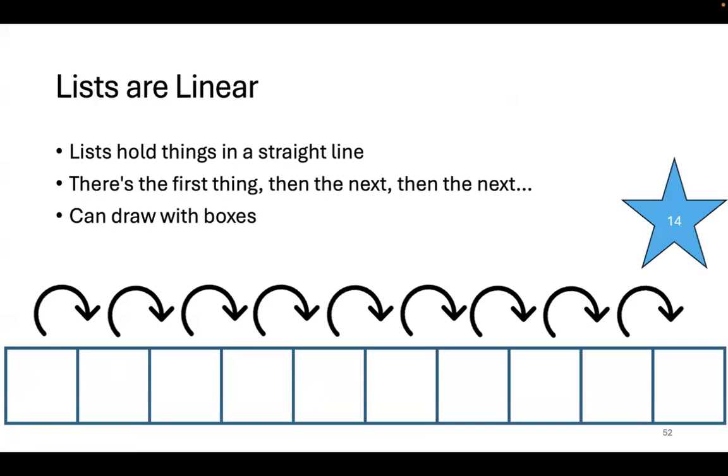We can draw it with boxes. If you disregard the arrows, it's just drawing with boxes. That's how we represent an array.